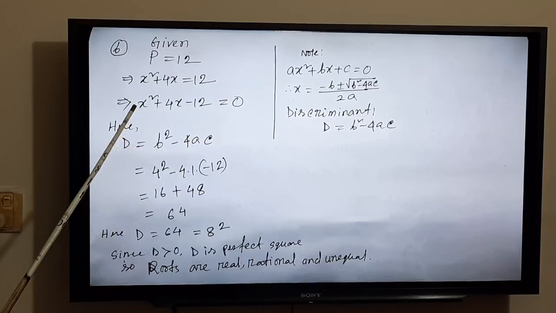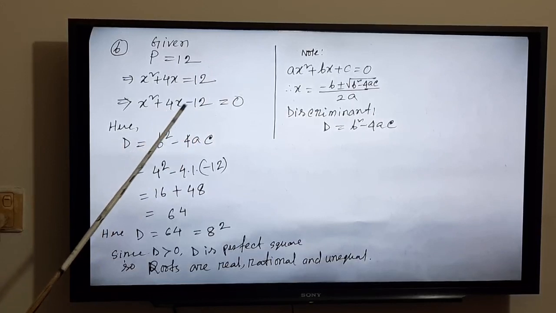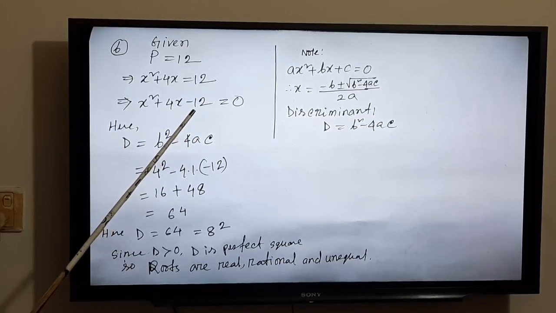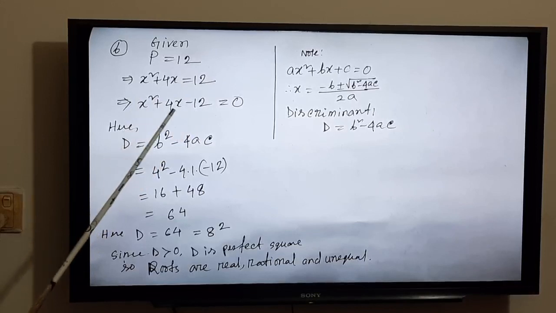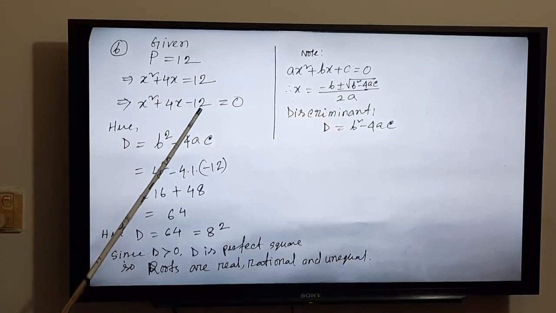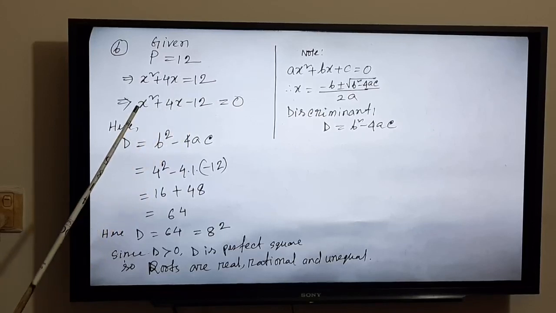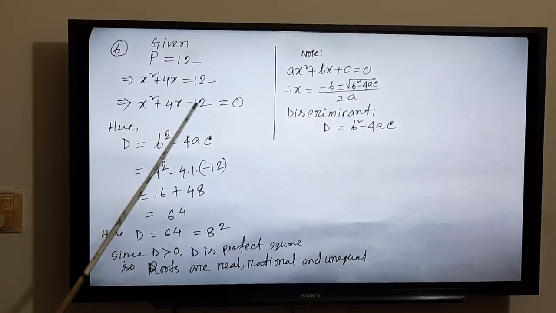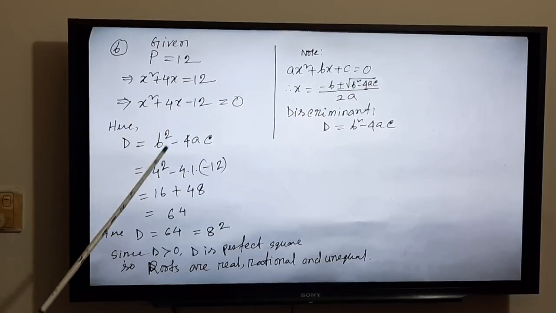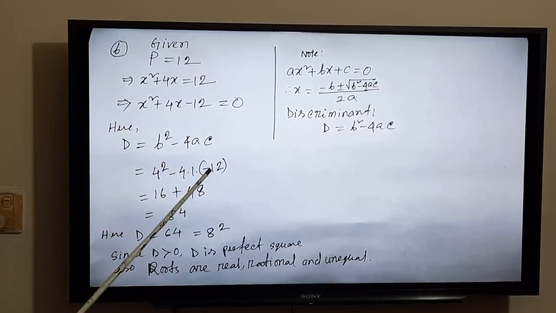The coefficient of x square is called A, the coefficient of x is B, and the constant is C. So A is equal to 1, B is equal to 4, C is equal to minus 12. That means A, B and C: B is equal to 4, A is equal to 1, C is equal to minus 12.